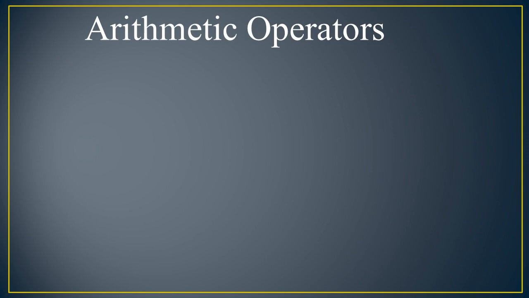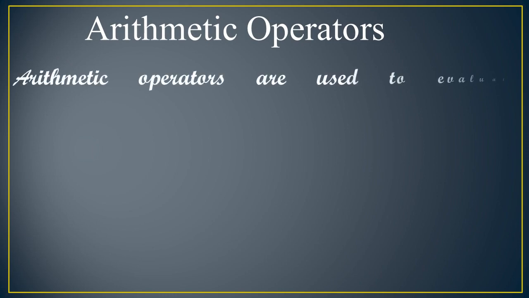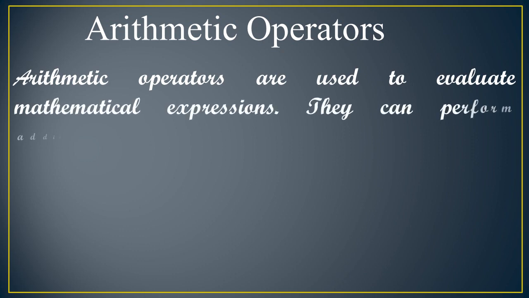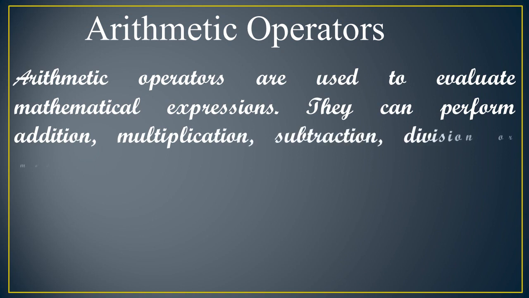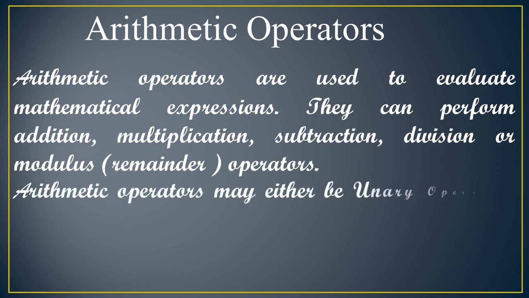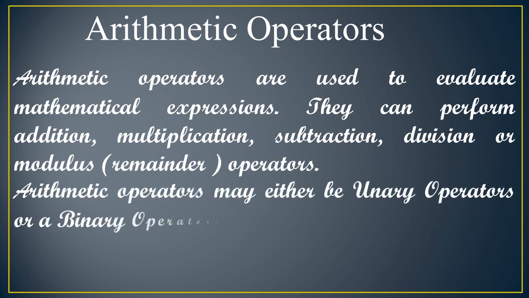Arithmetic operators. Arithmetic operators are used to evaluate mathematical expressions. They can perform addition, multiplication, subtraction, division or modulus, meaning remainder operation. And the arithmetic operators may either be unary operators or binary operators.